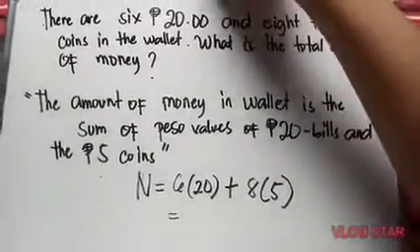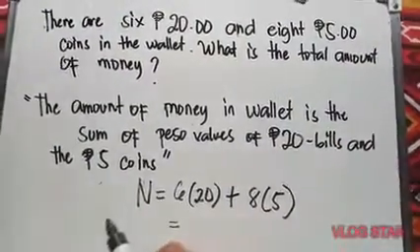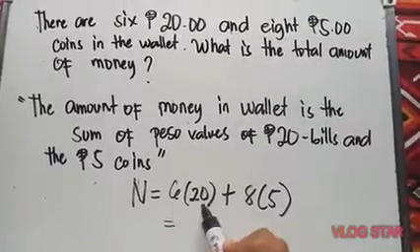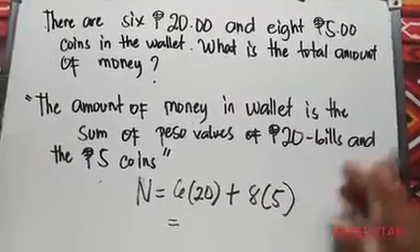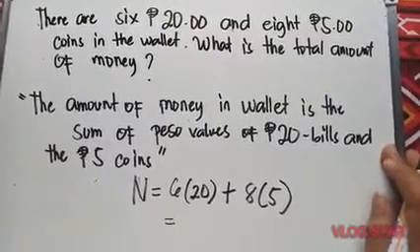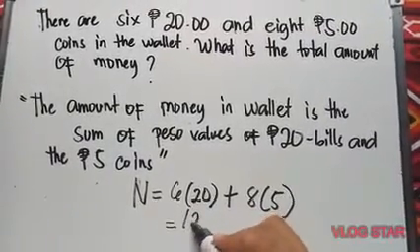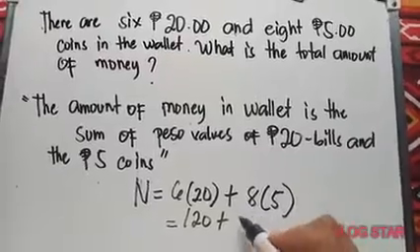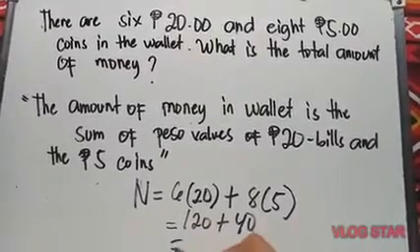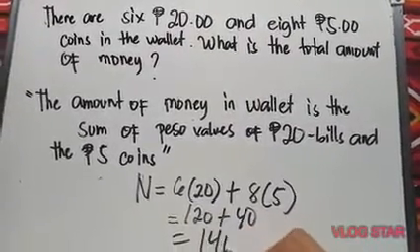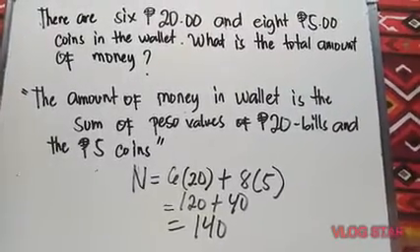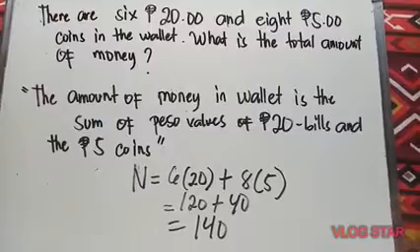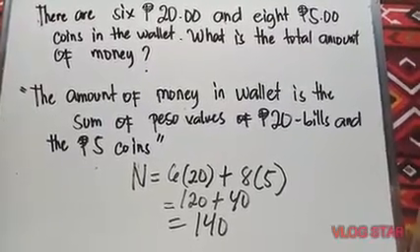So the given problem can be written as n is equal to 6 times 20 plus 8 times 5. If we solve this, 6 times 20 is 120, then 8 times 5 is 40. The total would be 140. It means that there are 140 pesos in the wallet.